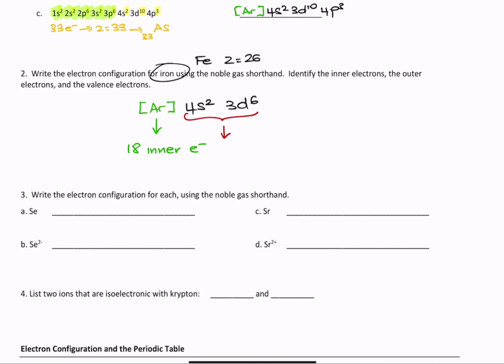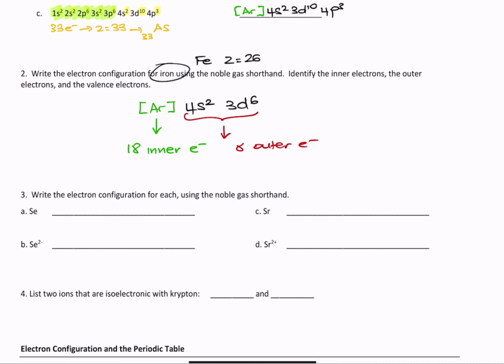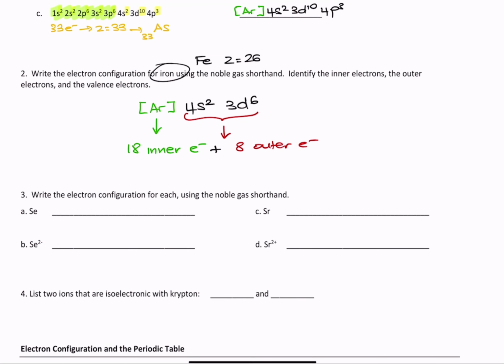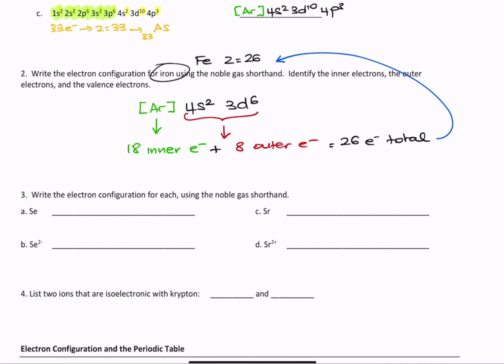Those electrons here are called the outer electrons, and I have 6 plus 2, 8 of them. If I add together the inner electrons and the outer electrons, I get 26 electrons total, which is the number of electrons that I have in a neutral iron atom.